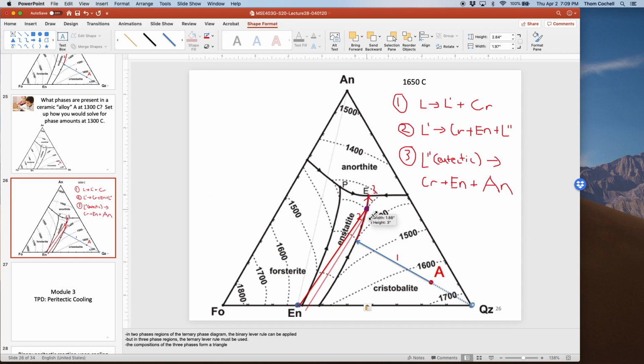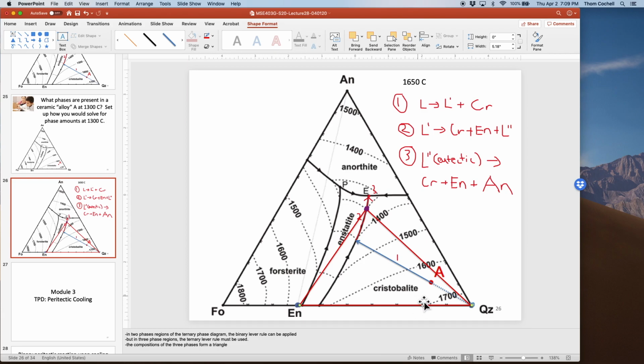Make another one. So this triangle that we have is going to be the triangle that we're going to use to calculate phase amounts for those 3 phases at 1300 degrees Celsius.